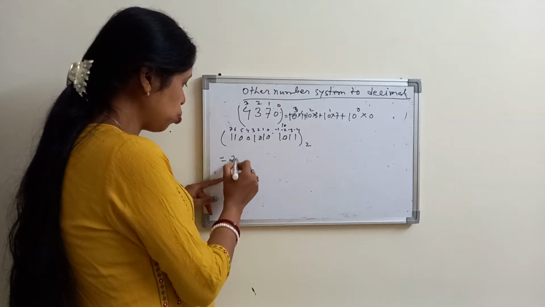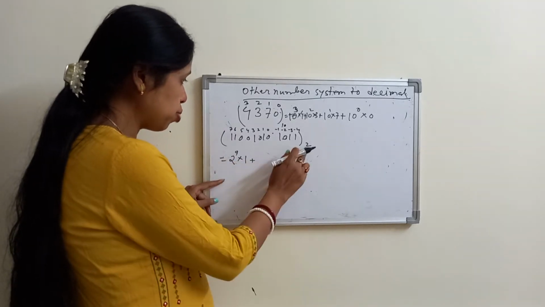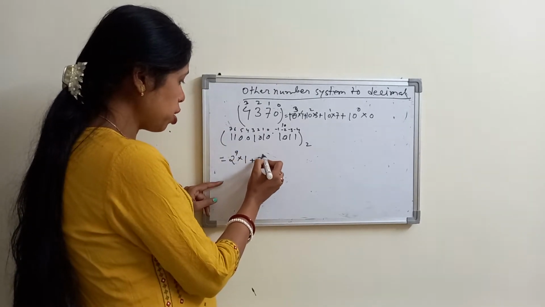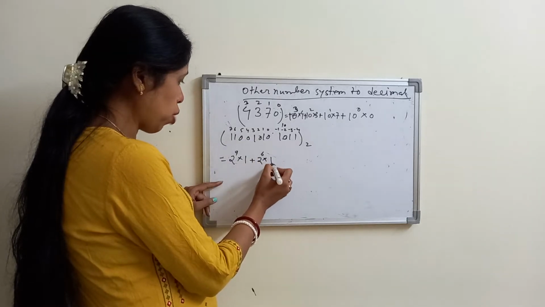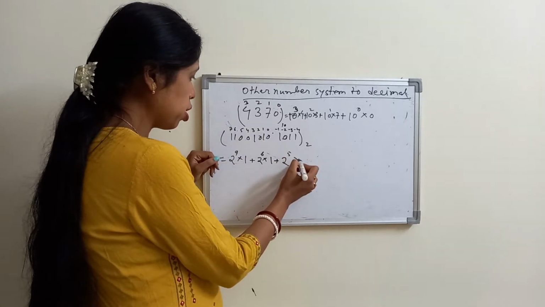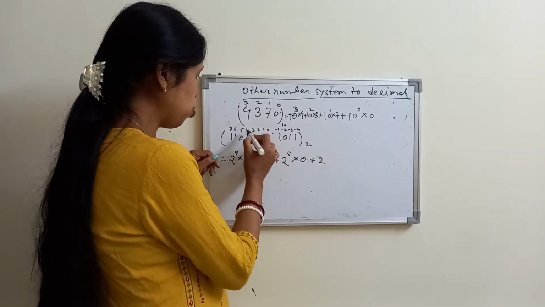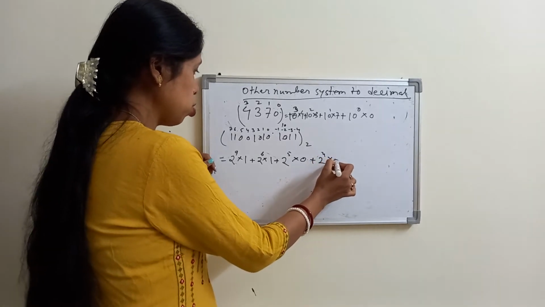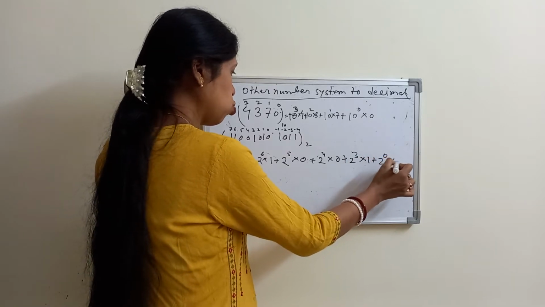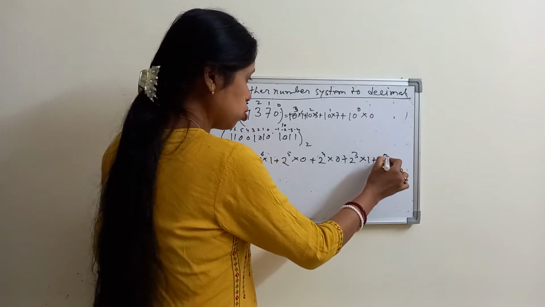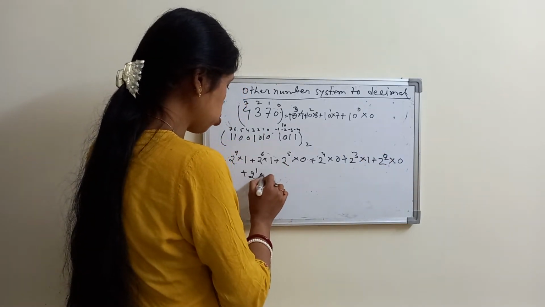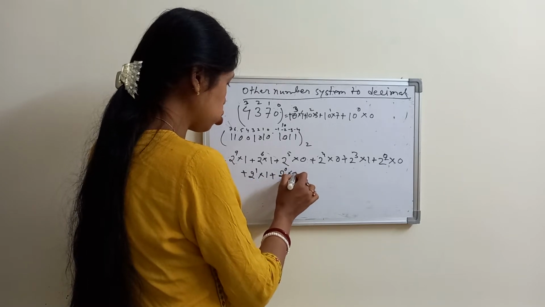So 2 to the power 7 into 1, then 2 to the power 6 into 1, plus 2 to the power 5 into 0, plus 2 to the power 4 into 0, plus 2 to the power 3 into 1, plus 2 to the power 2 into 0, plus 2 to the power 1 into 1, plus 2 to the power 0 into 0.